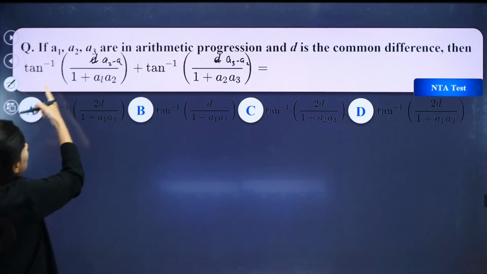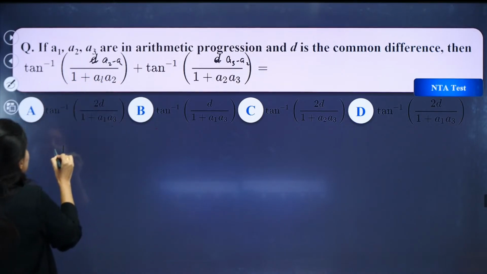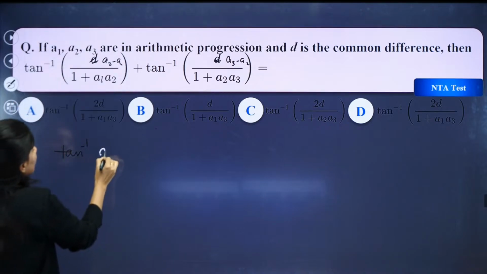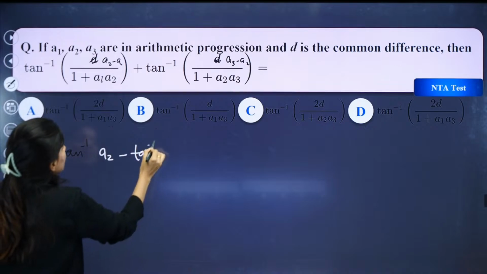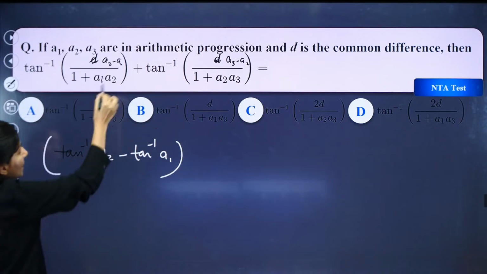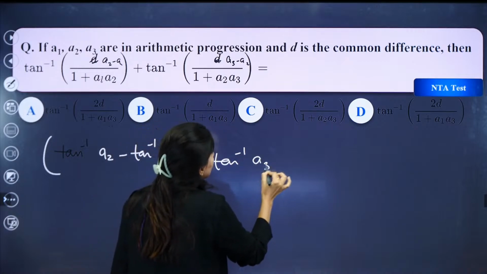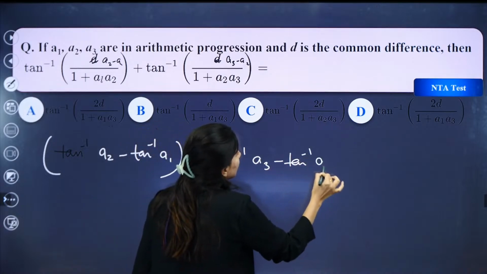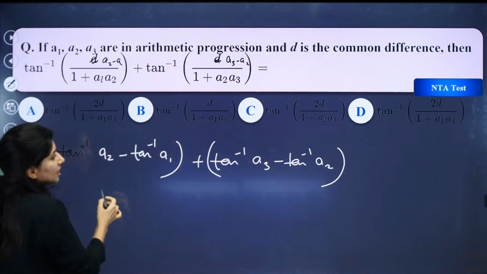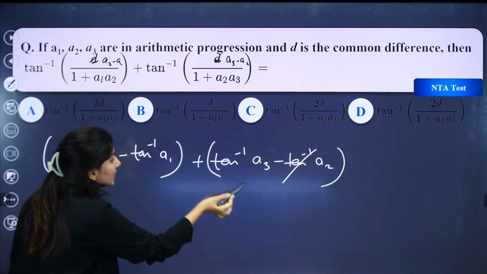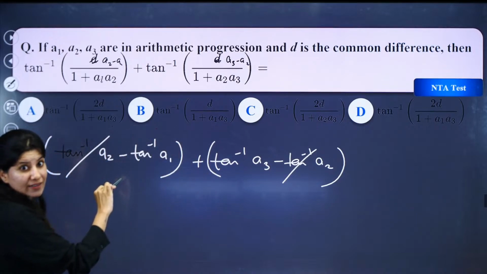So this is tan inverse A minus B whole upon 1 plus AB. So this is going to be tan inverse A2 minus tan inverse A1 plus tan inverse A3 minus tan inverse A2. So A2 and A2 are going to get cancelled out. So this is tan inverse A3 minus tan inverse A1.